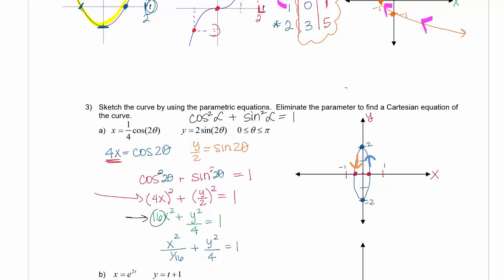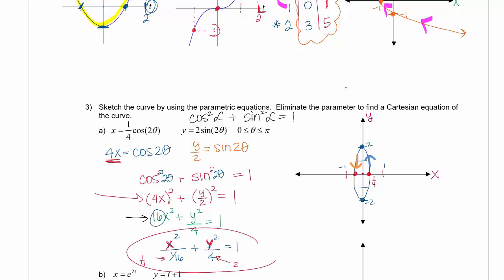So what happens is, in the x direction, you're going to move 1/4. In the y direction, you're going to move 2. And you're not shifting at all left and right because it's just x squared and y squared. Okay, so in the x direction, I move over 1/4 to the right and to the left.